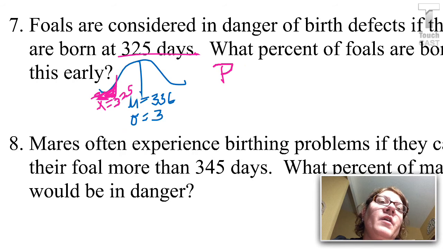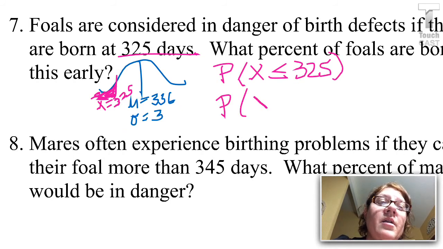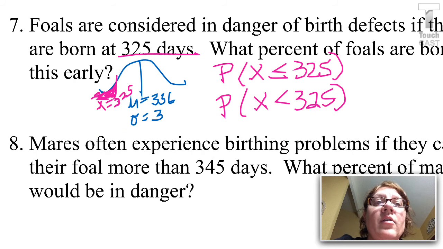So if I were to write this, I would be looking at the number that are less than or equal to 325. I could even do purely less than, because if you remember the other day, we can't find the area at a line. It has no thickness. Even though I'm drawing it super thick, there's no area there. So there's no difference between less than or equal to or less than.